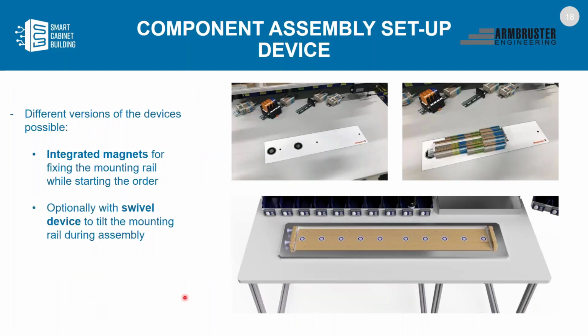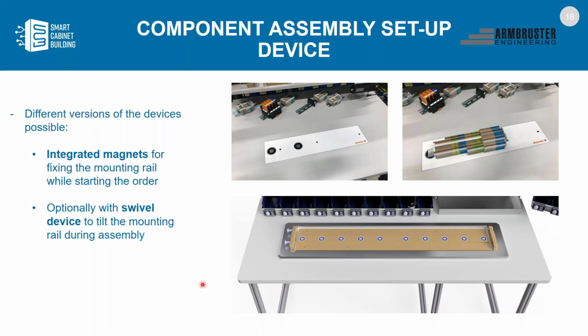And to always find the right position, it's also very important to have a fixed position of the product. And therefore, we use special fixtures. In this case, it's a kind of magnetic stripe that holds the rail if you put it on the left-hand side to this block.